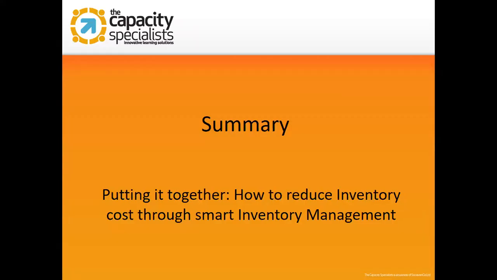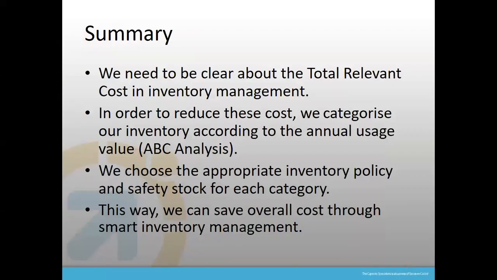So when we put this together, then we can see how we can reduce the total relevant cost. First of all, we need to keep in mind what are the total relevant costs. Yeah, you have purchase cost, ordering cost, holding cost, and shortage cost.